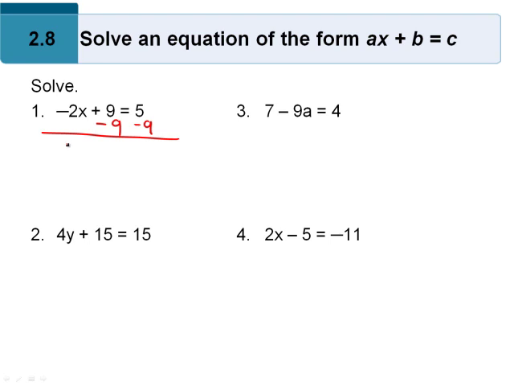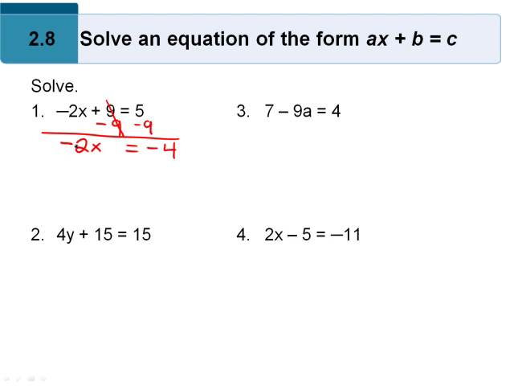So what comes down is negative 2x. Now look at the 9's. 9 and negative 9, those are gone. They cancel. Equals 5 and negative 9, you have to subtract there and keep the sign of the bigger number, which would give you negative 4. So now in that one step, we're right back to the equations that we just did in 2.7.